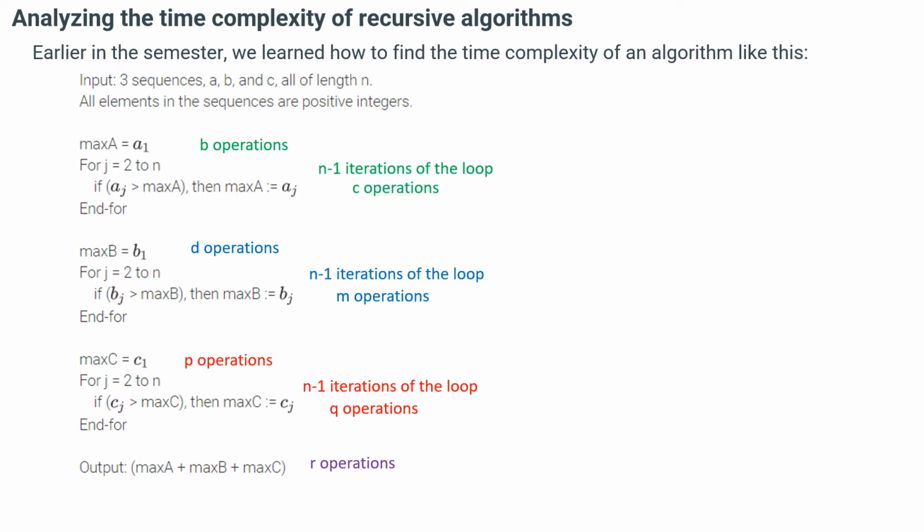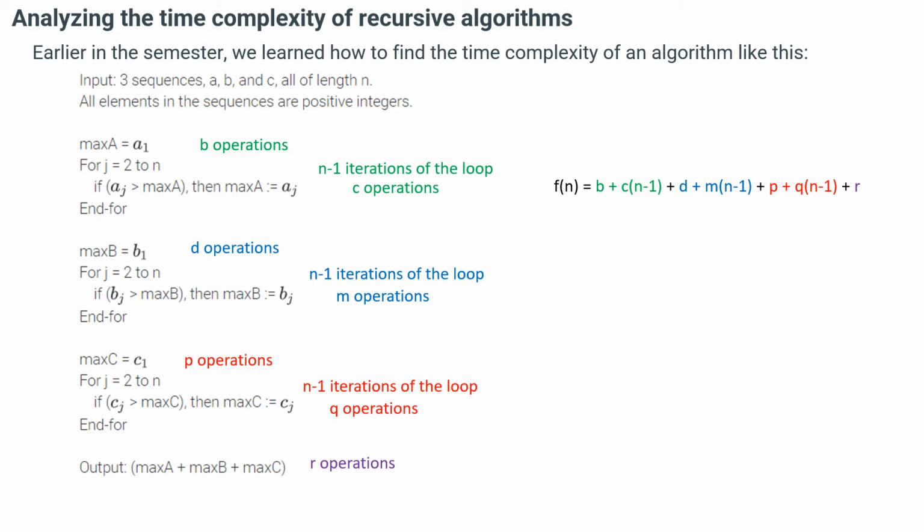So if we were to add all of that up, our time complexity function would look something like this, where we have B plus, and since C operations are done inside this loop that goes around n minus 1 times, we would need to take C times (n minus 1).